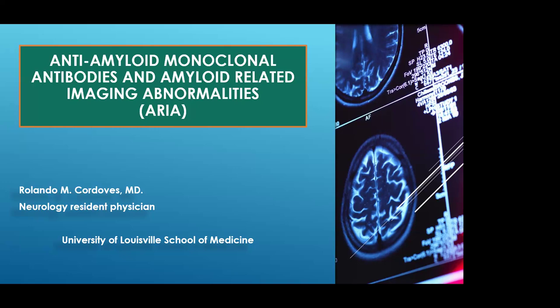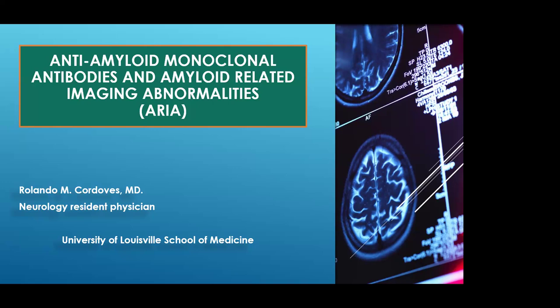I want to make sure everyone understands that this is a topic from which we are learning every single day a little bit more. I'm not going to be recommending using versus not using monoclonals, and I'm not going to be going into details about studies done.